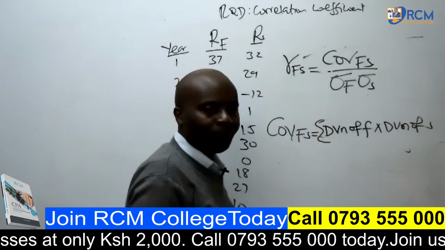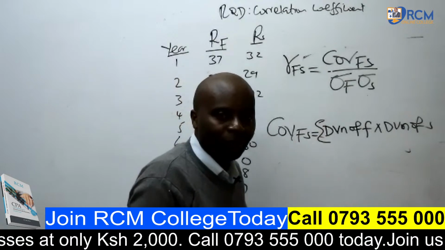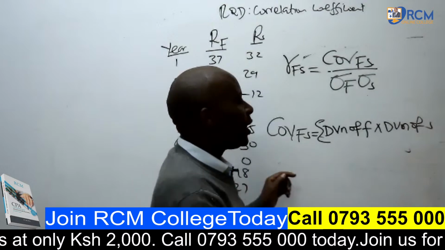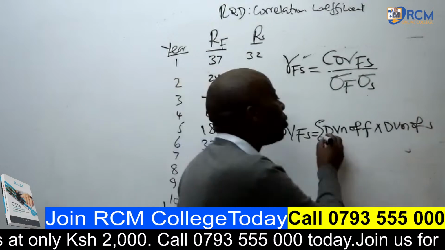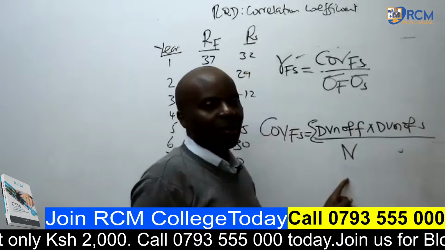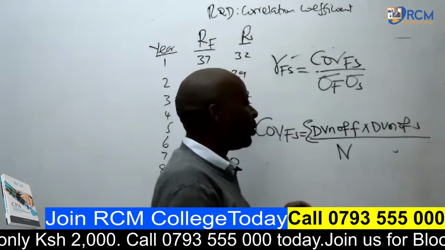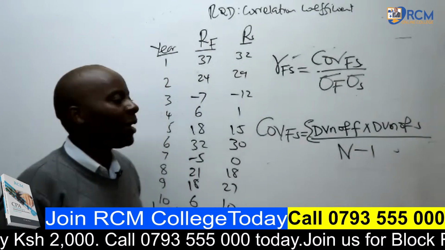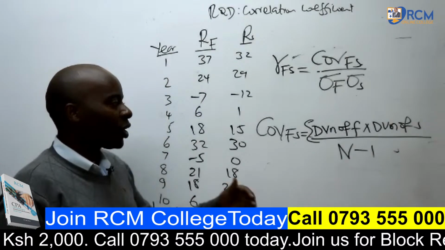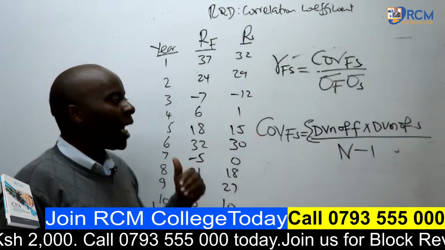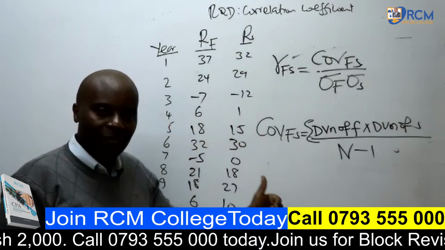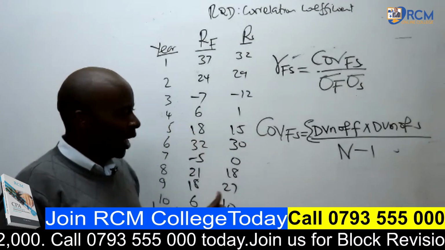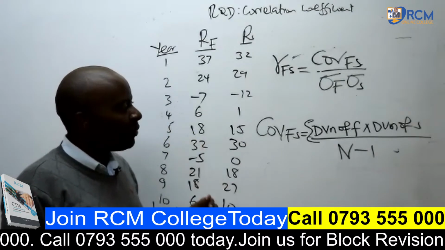In the absence of probabilities there is averaging. Ordinarily, for a large sample, we would divide by n, but because this is a small sample, we divide by n minus 1. So you take the deviation of F multiplied by the deviation of S, you sum, and then whatever total you get, you divide by n minus 1.